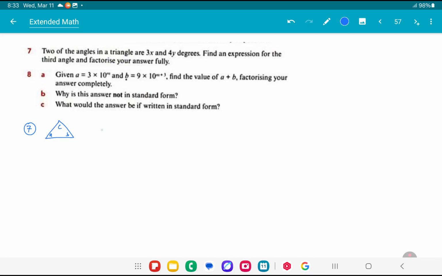So the remaining angle, let's say angle C, will equal 180 minus the first angle, 3x, and then minus 4y. Because of 180, 3 and 4, we have no common factor. So that is the simplest form we can write for question 8.